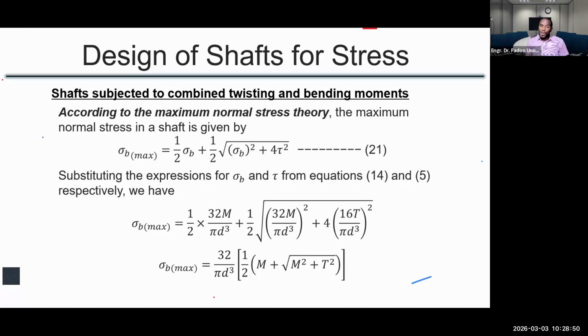But for the maximum normal stress, we're including half the maximum allowable bending stresses or normal stresses inside the shaft. So again, we bring the values from the equations that we had developed earlier. We make sigma sub b and tau the subject of formulas from those two equations, and we substitute.